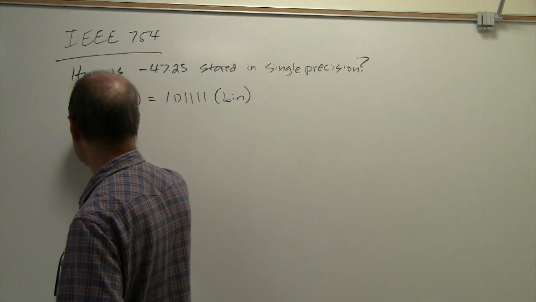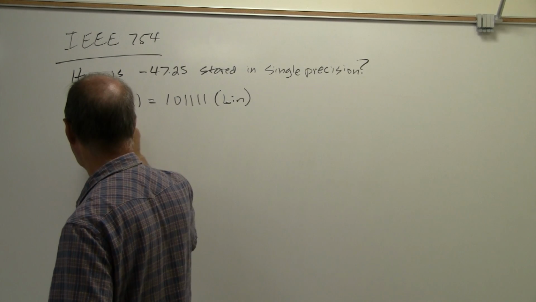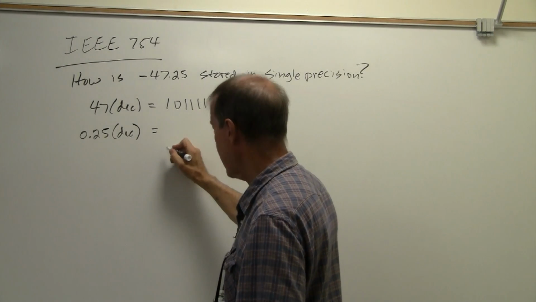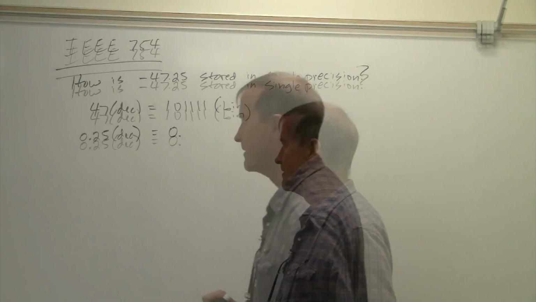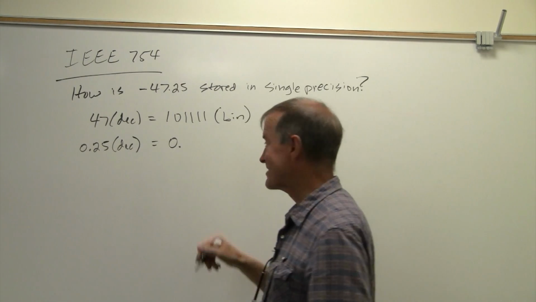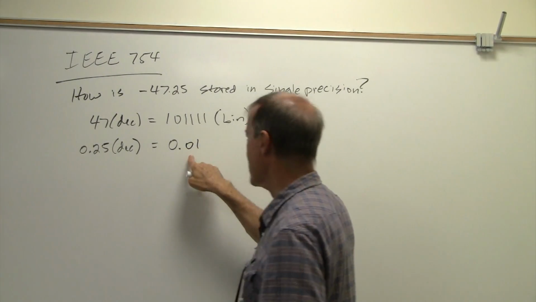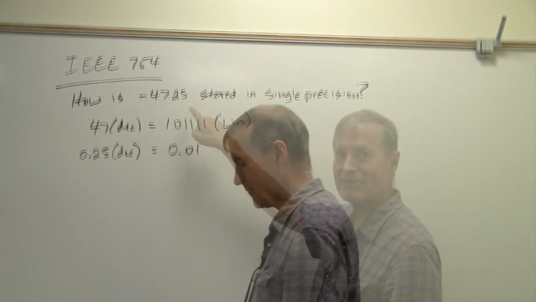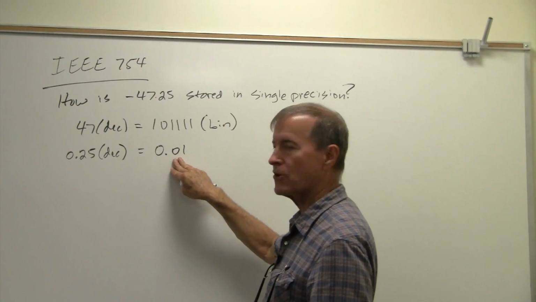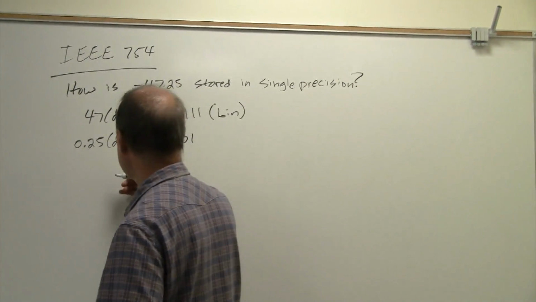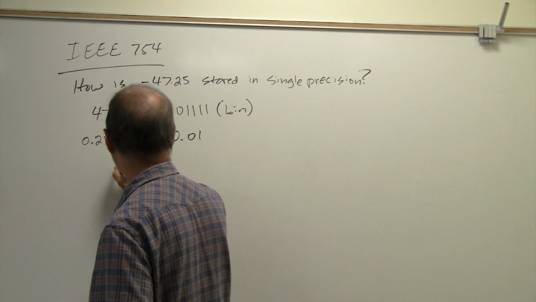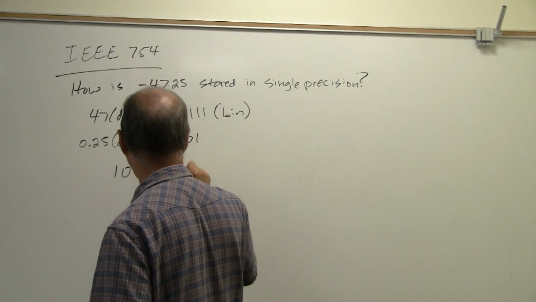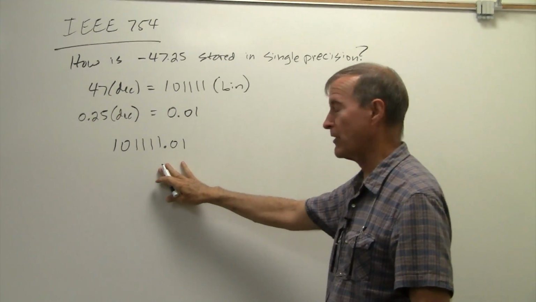This one you probably should be able to do. What is 0.25 decimal? That is 0.01. Very good, you remembered. This is the halves place, this is the quarters place, and this happens to be 0.25, which is a quarter. So in binary notation, the number is 101111.01.